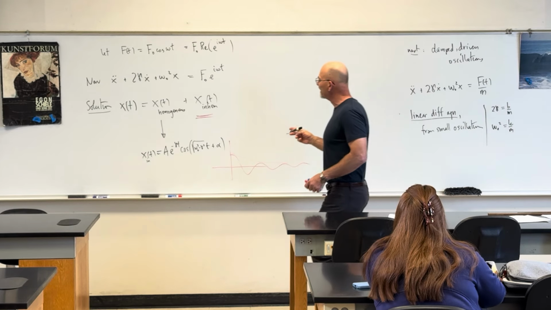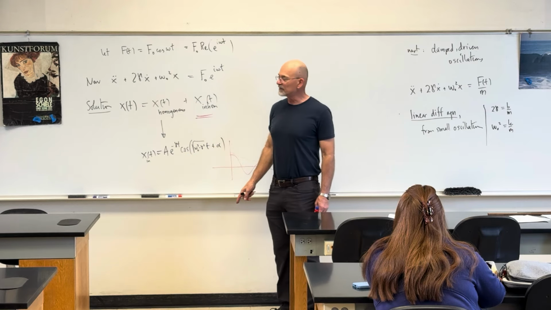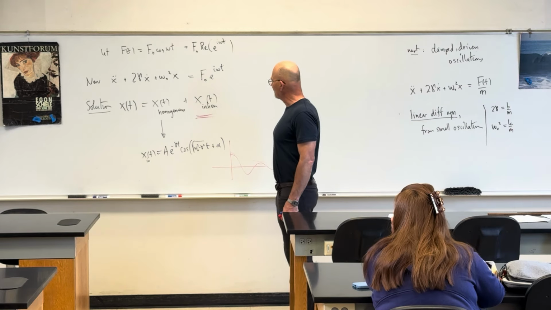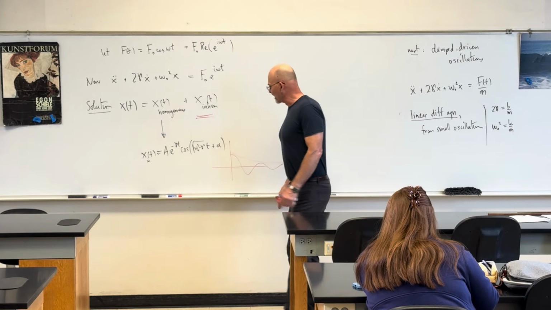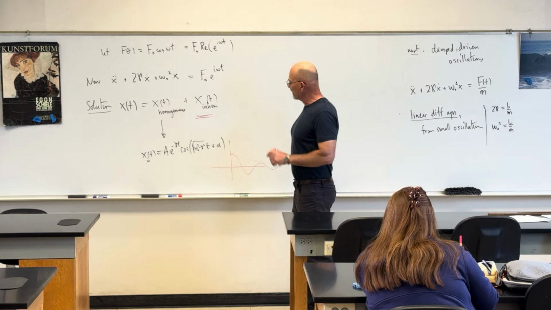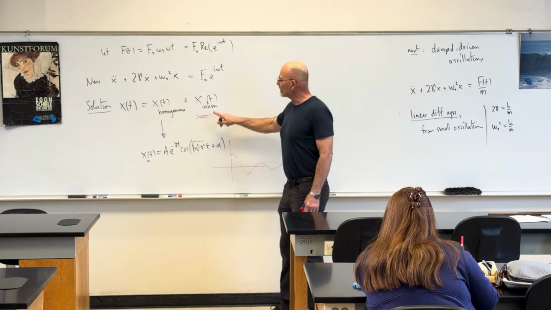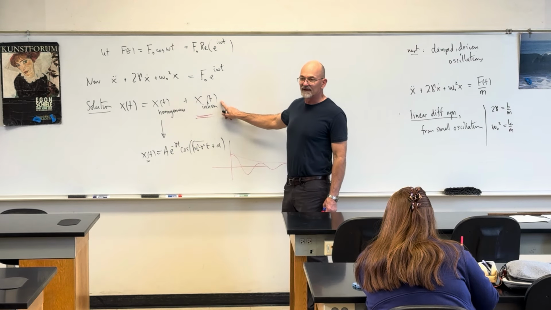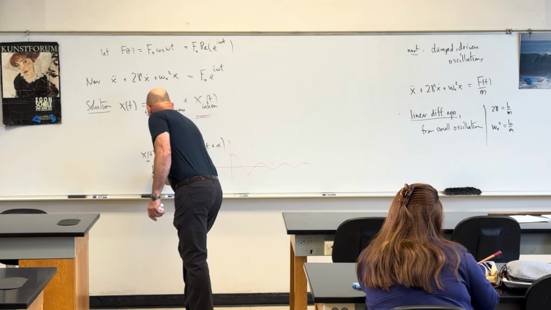So that's the one we solved the other day, and it's still part of the solution. And if you take that and this one we're about to work on, it's kind of complicated. But the point is, if you wait long enough, this one damps out, and you're only left with this one. Okay? So this is called the transient solution.